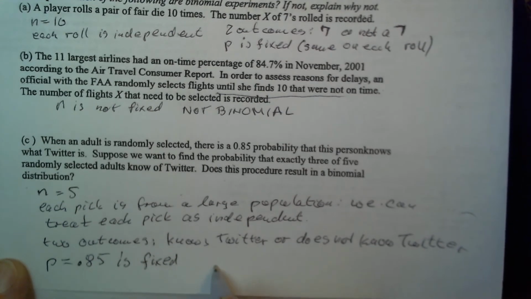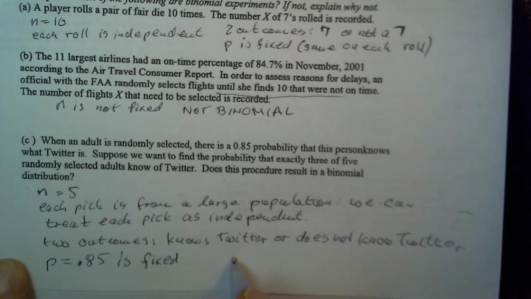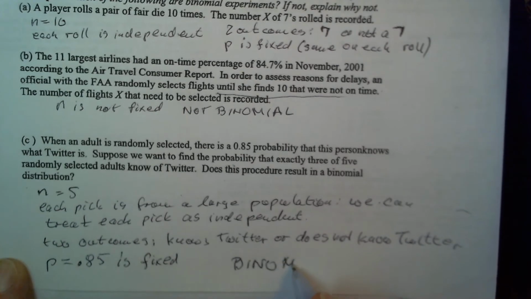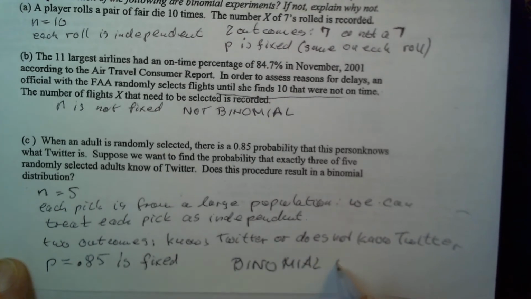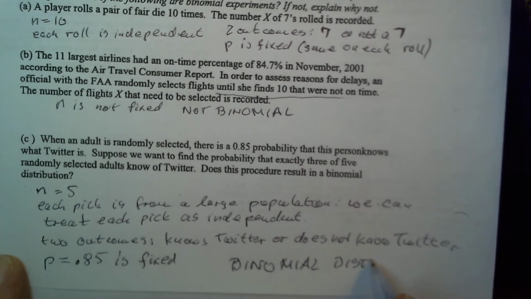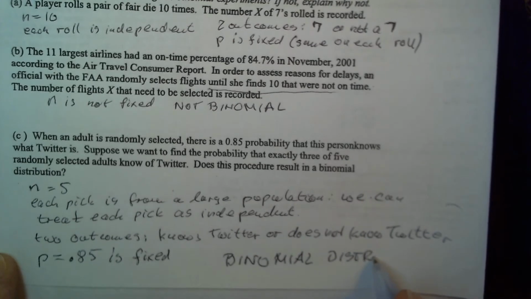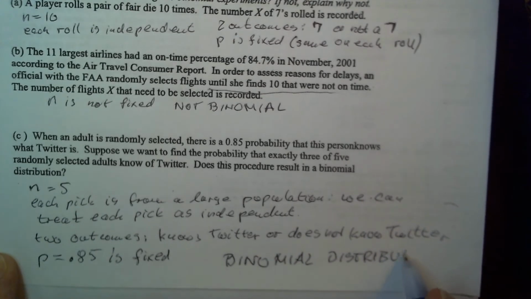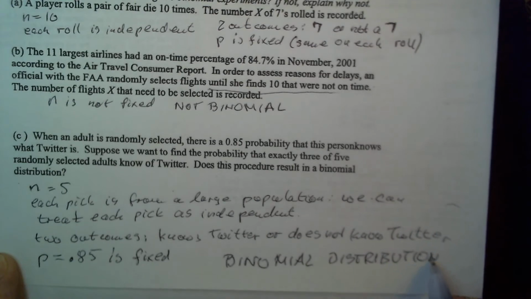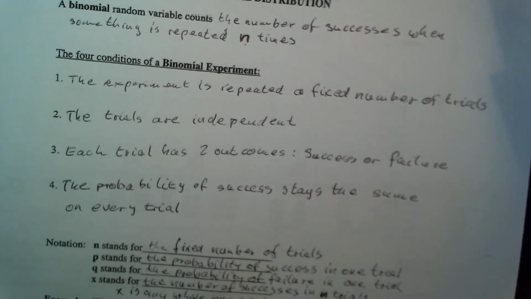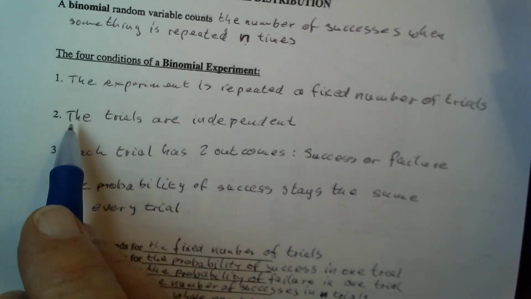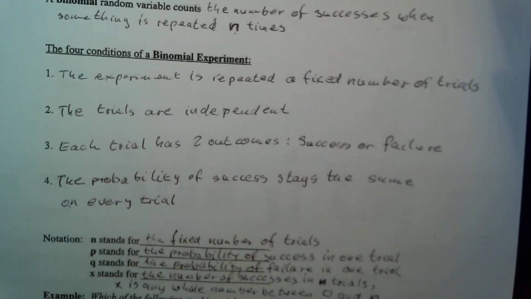So we can conclude that this will result in a binomial distribution. So you just have to evaluate the given facts against the four requirements for a binomial experiment, 1, 2, 3, 4, as we had before.